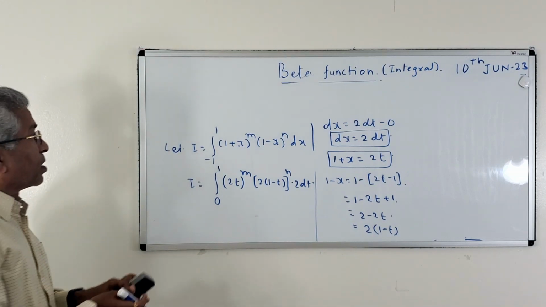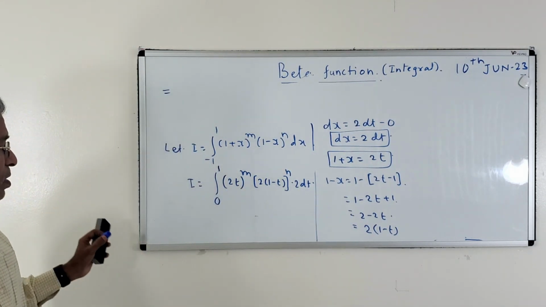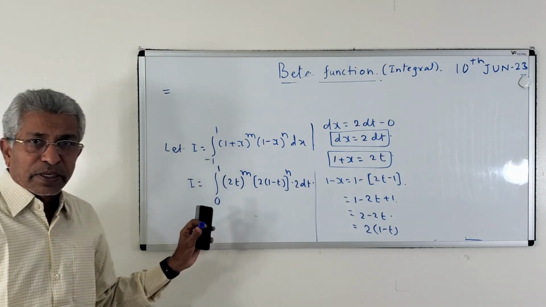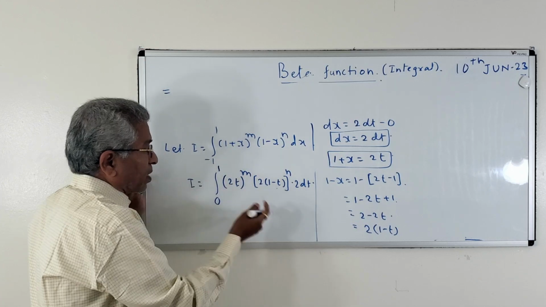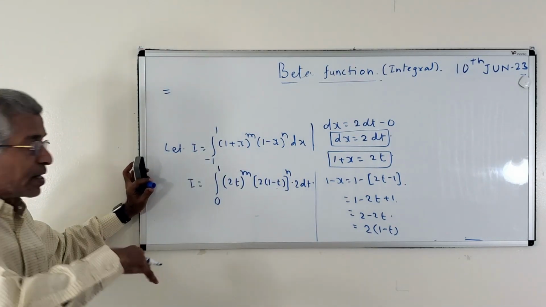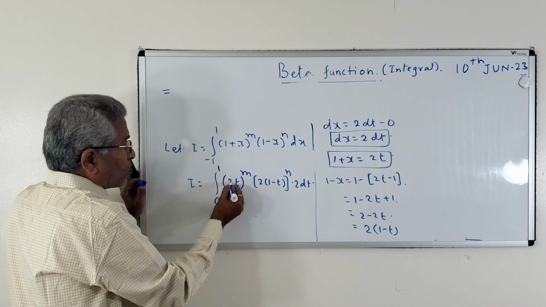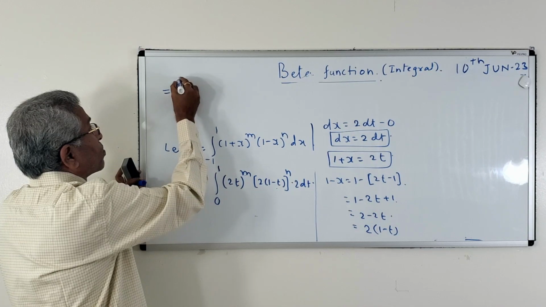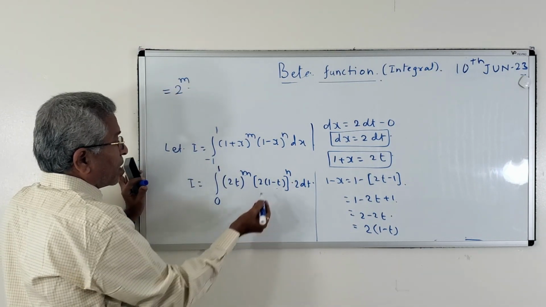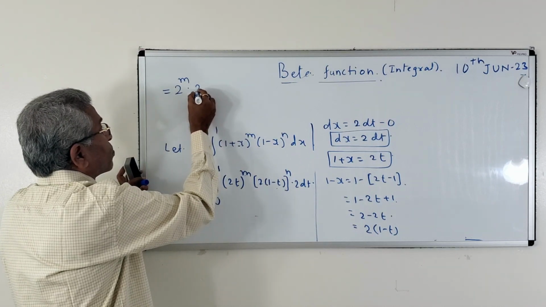Now write all the multiples of all the factors. This is a single term and two functions are multiplying. Write their constant multiples outside the integral. In the first factor, 2t, 2 is the multiple with power m, 2 raised to m. Then 2 is the multiple in the second factor, power is n, so write it outside.